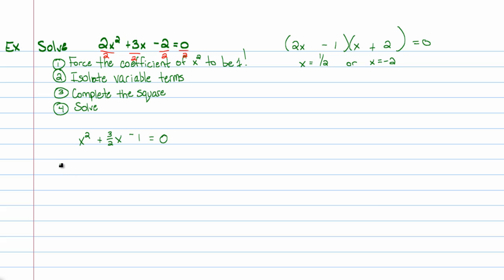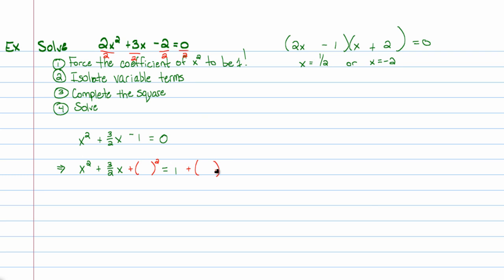Now I'll go ahead and isolate the variable terms by adding 1 to both sides. And I will complete the square by adding some object squared to both sides.